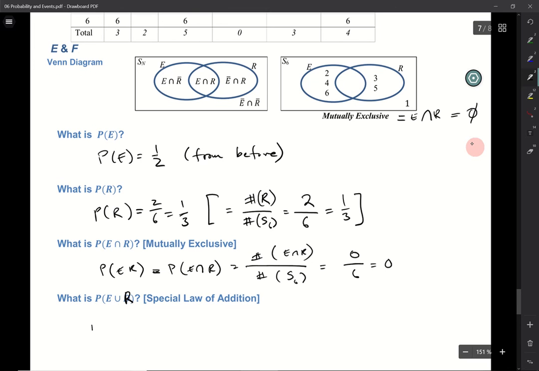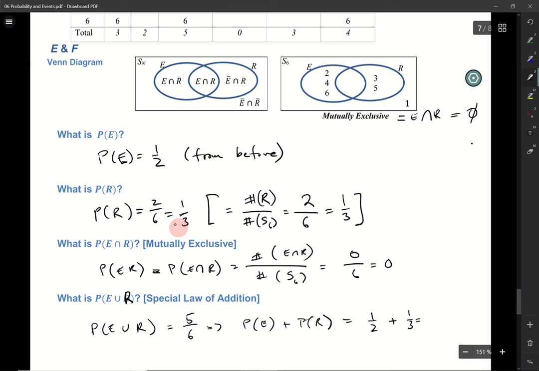So what's the probability of E union R? Actually, we know it's 5 over 6. But we can actually do the probability of E plus the probability of R, which is equal to the probability of E is 1/2, and the probability of R is 1/3.